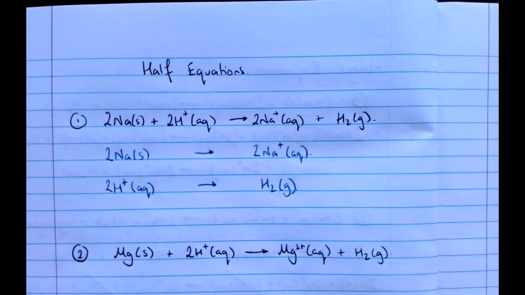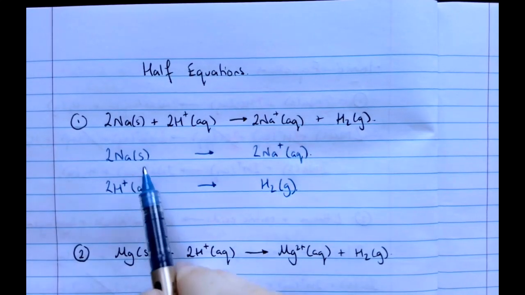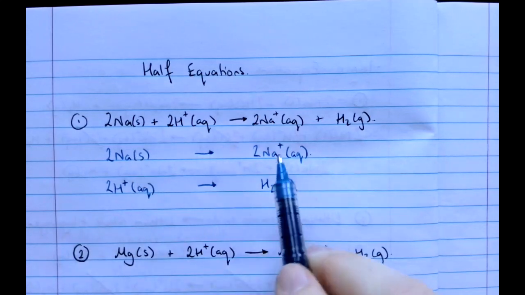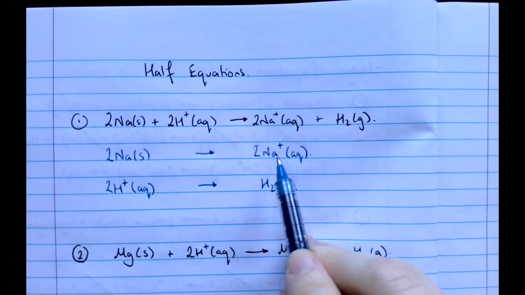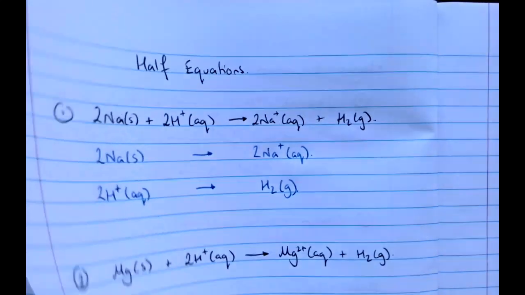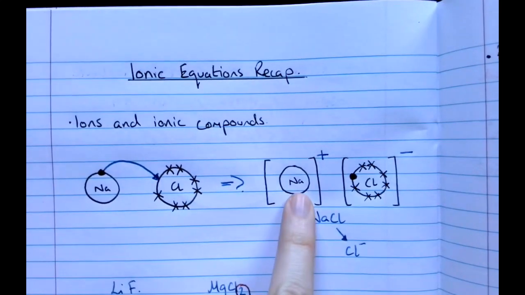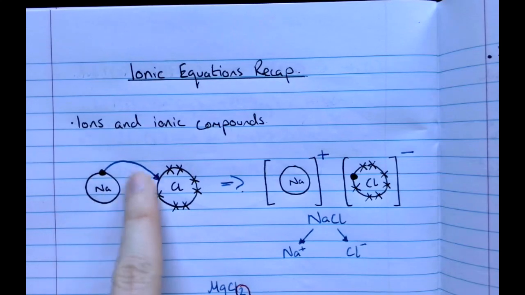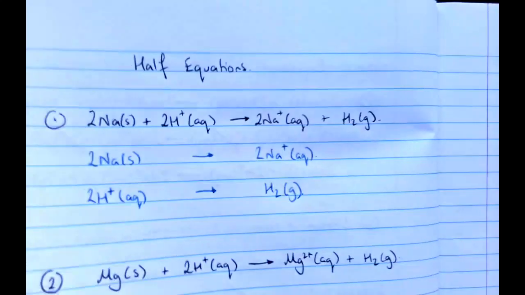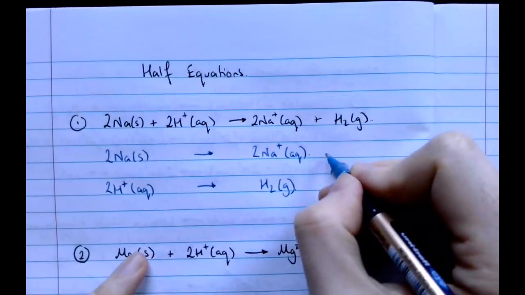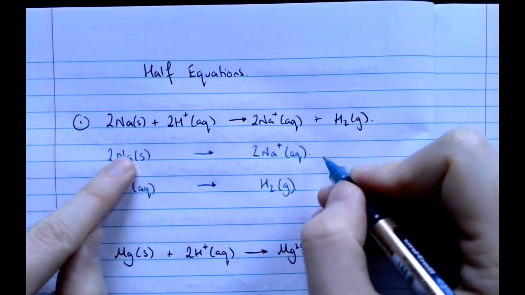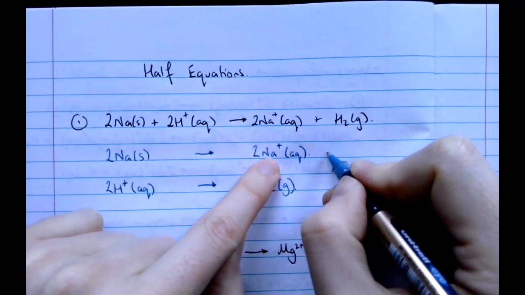Well, in order for sodium to become sodium plus, if we think right back to the start of this, what does it do? It loses an electron. So what's happening is, I have my sodium, and then that separates into a sodium ion and an electron.